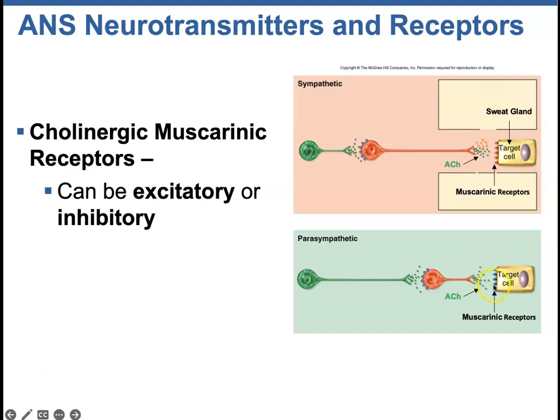That causes your heart rate to slow down, and how it does that is it causes more potassium to leave your heart cells and basically hyperpolarize your heart, so it decreases the number of cells that are beating and it slows down your heart. When we get to the cardiac system, that's where I'm going to talk a little bit more about this.